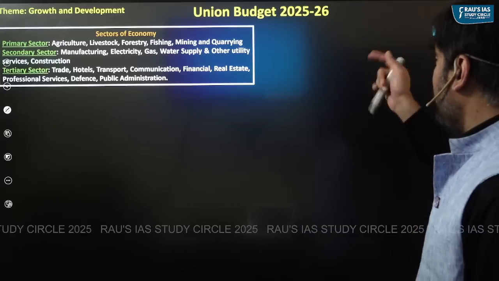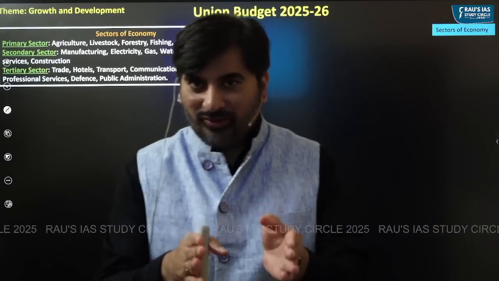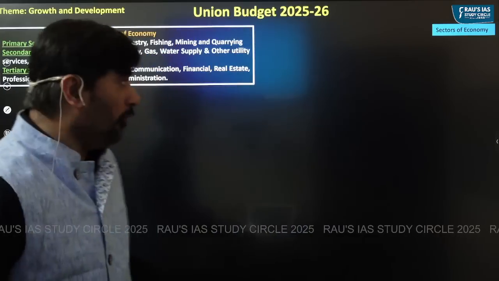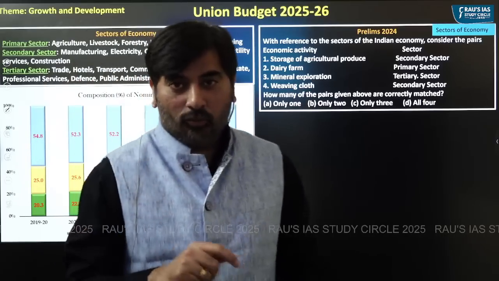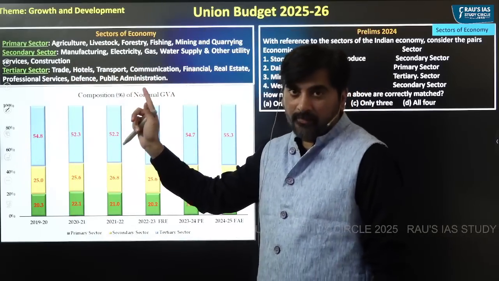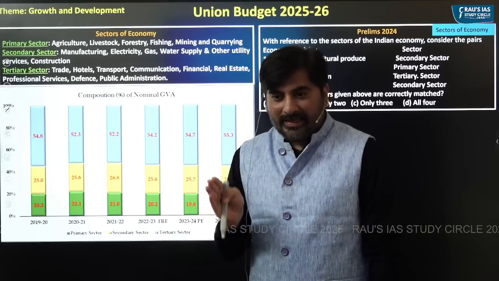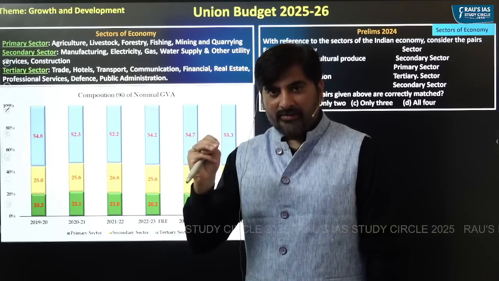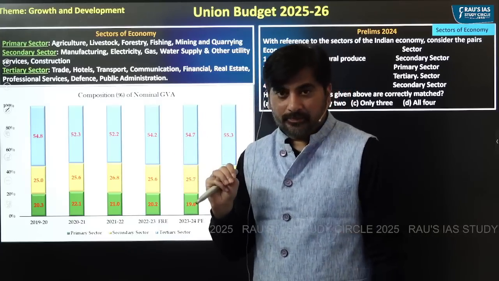Next is with respect to sectors of the economy. This was a question, remember, which was asked in prelims 2024. So let's see what the sectors of the economy are. The National Statistical Office categorizes the sectors of the economy into three types: primary sector, secondary sector, and tertiary sector.